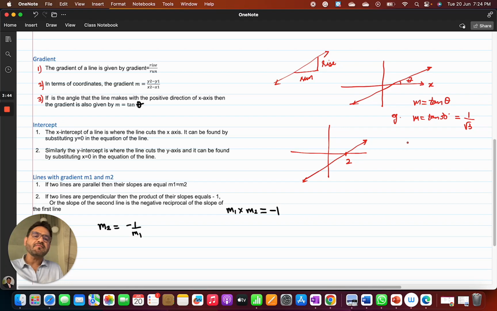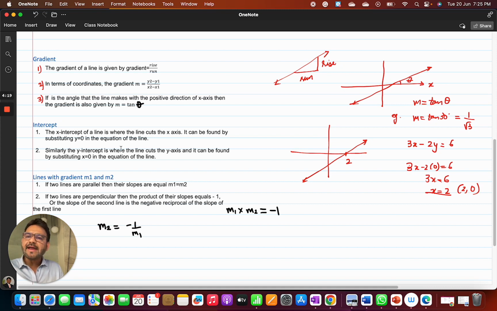Suppose I give you the equation of a line, 3x - 2y = 6, and say find the x-intercept. To find the x-intercept, you substitute y = 0 and solve for x. So x = 2, and the coordinates of the x-intercept would be (2, 0).